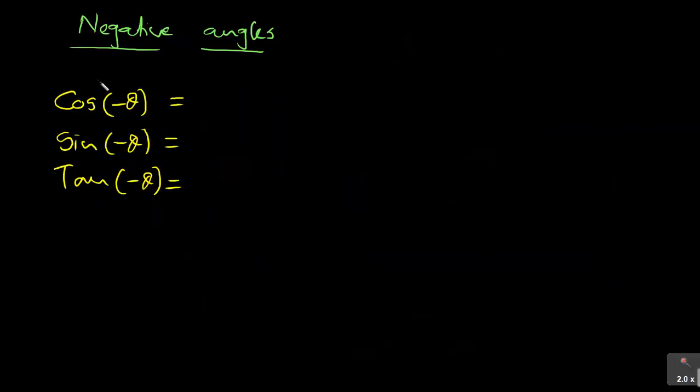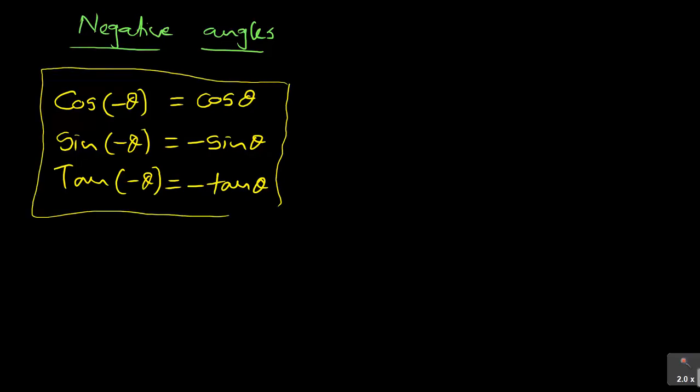So now when you reduce that, cos minus theta, because cos is positive, you are going to get cos theta. Sine negative theta was negative in that fourth quadrant, so it's negative sine theta. Tan minus theta is negative tan theta.